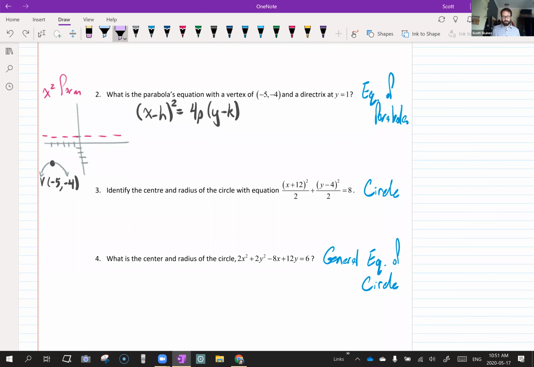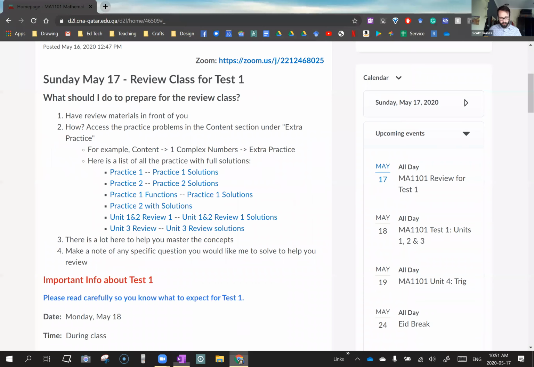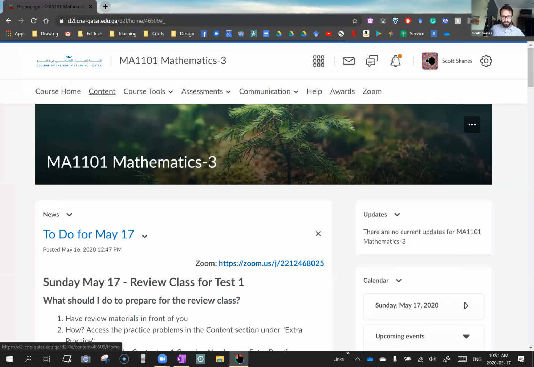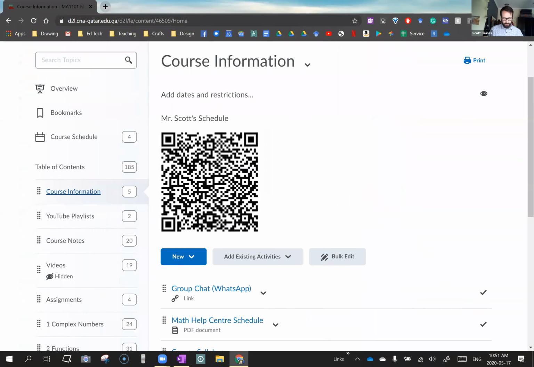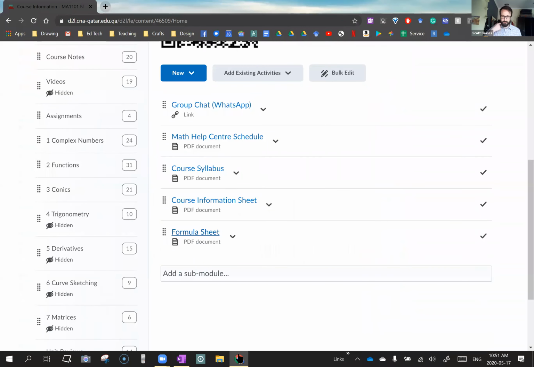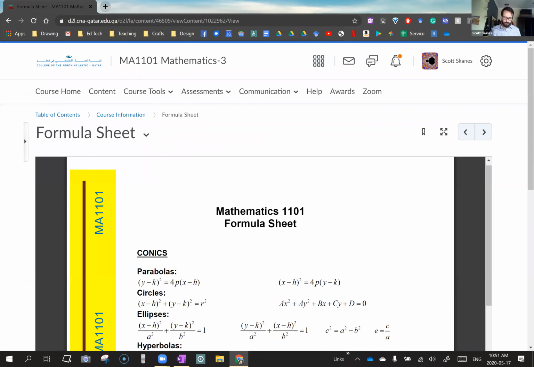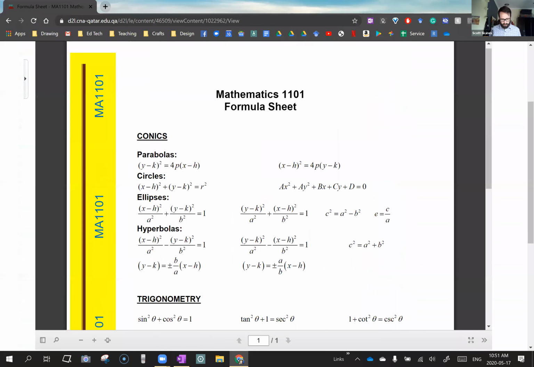By the way, students in the other class were asking me, where's the formula sheet? If you go under content in D2L, you hit content, you go to course information, and you scroll down a little bit. It's there, it's the formula sheet, okay? I'll try to remember to put this on the test, but I can't guarantee I will. But everything you need is there. So if you want to know the formulas for parabolas, well, this is y squared form, and this is x squared form.